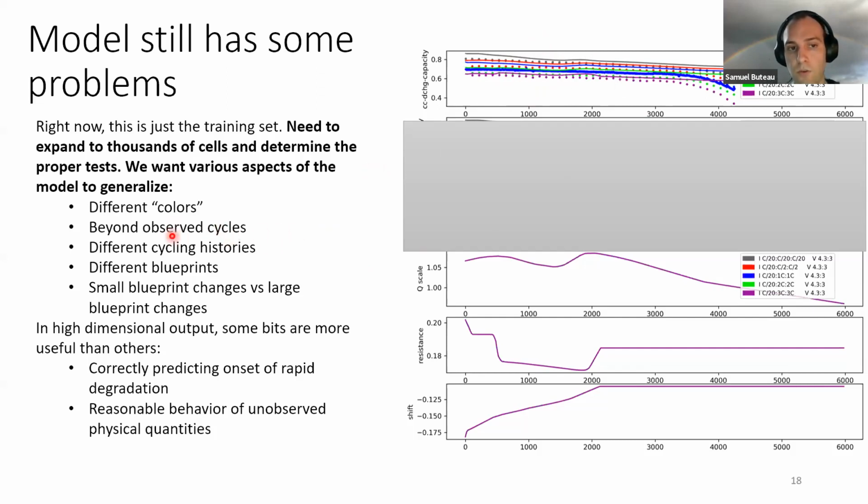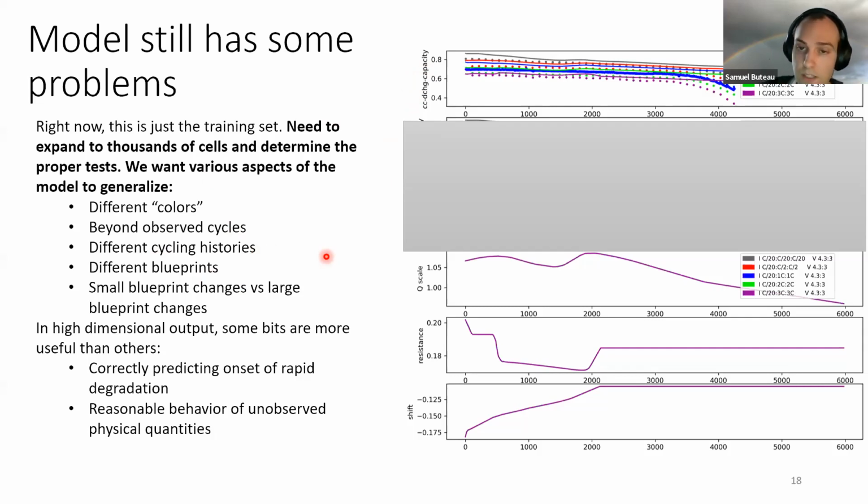You would like to extrapolate properly beyond, when the data stops, you would like to do a good job after. If you have the same cell, but you expose it to very different conditions over its lifetime, it's going to behave differently. So generalizing with respect to cycling history is important.